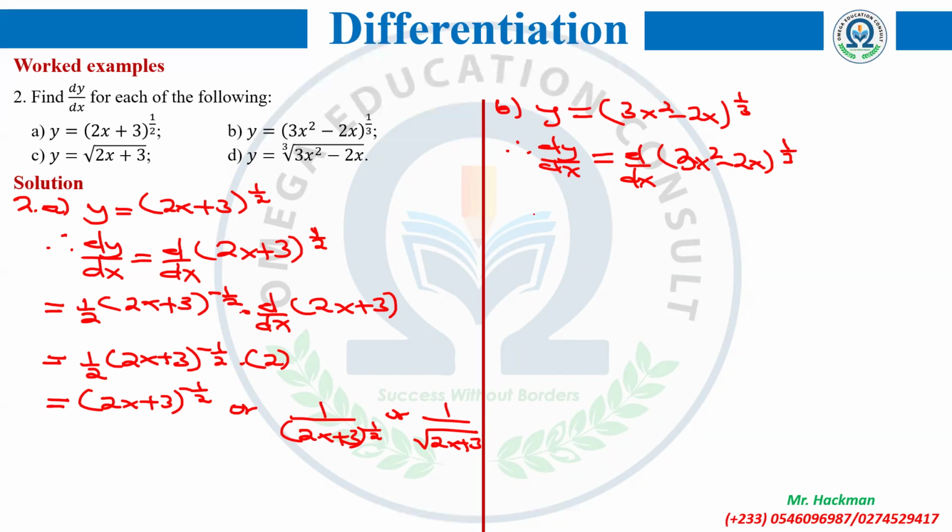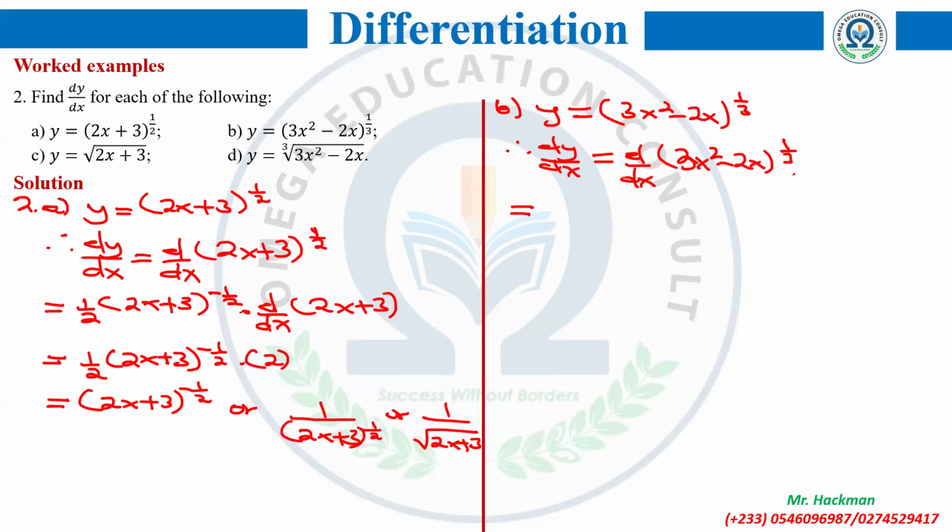So at this point, my operator is affecting a binomial to a certain power, so we are dealing with the composite function rule. With the power rule, the factor that you multiply will always give us 1. But with the composite function rule, it will not always give you 1.